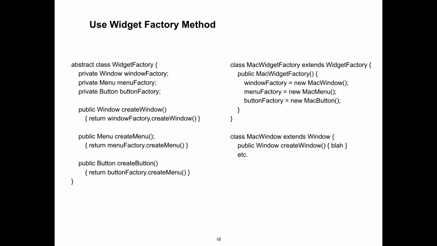Instead of saying new each time, we'll do it once in my constructor, and then I can clone it or copy it. So there are different ways of creating my factory method.